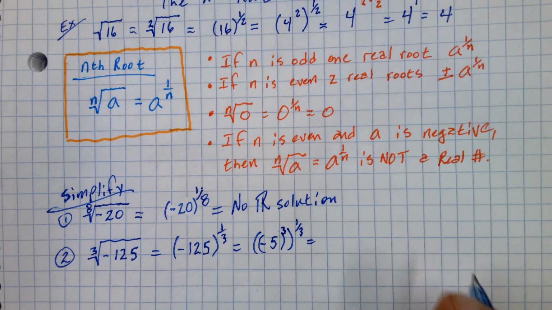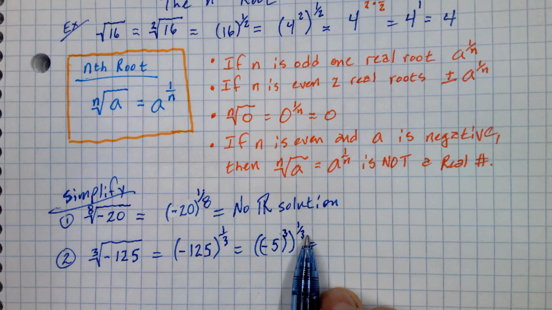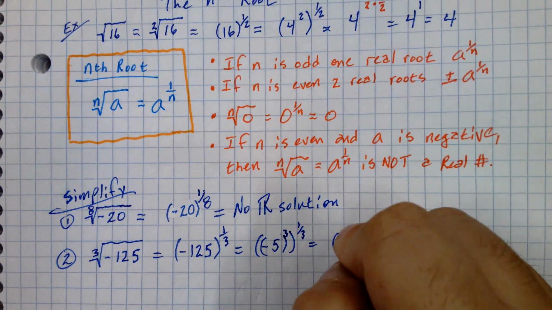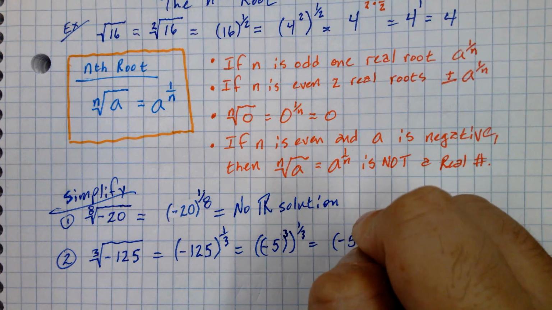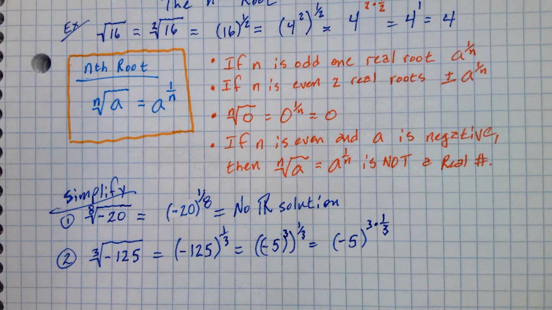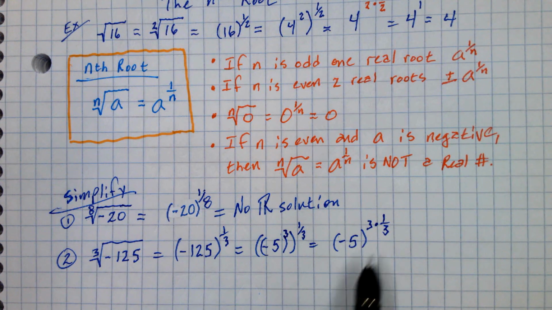Okay. So now remember we're allowed to multiply these. 3 times 1/3. So this is negative 5 to the 3 times 1/3. And what's 3 times 1/3? 1.